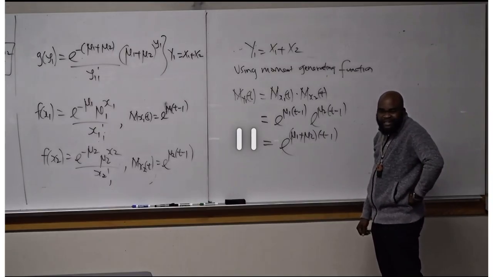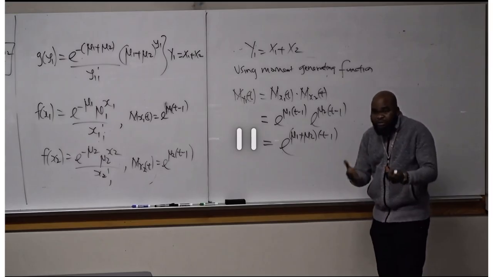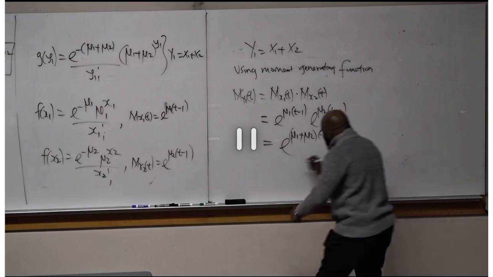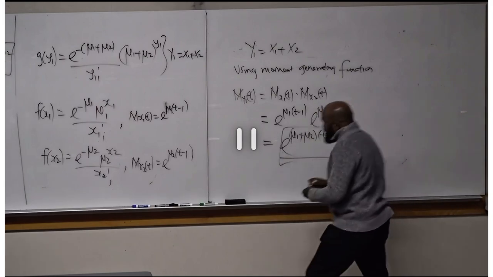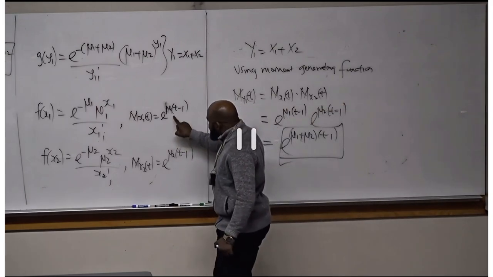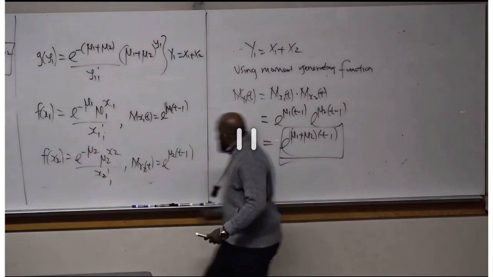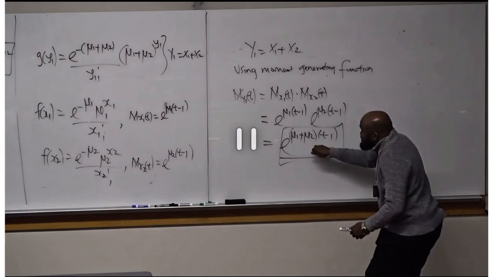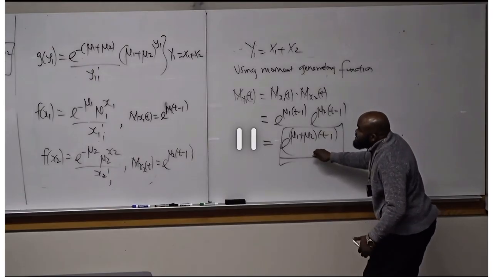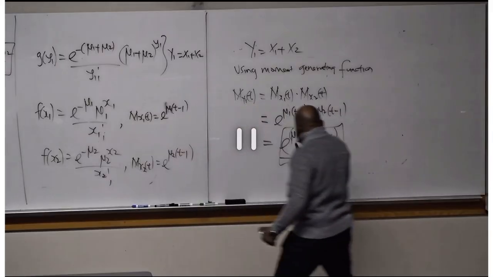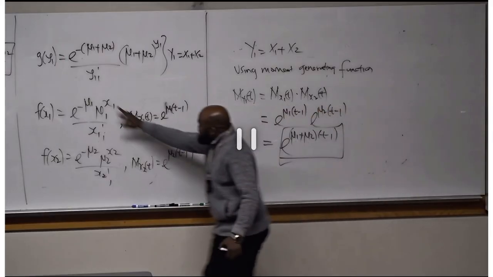Can you see that? So if I want to use the method of moment generating function, I'm going to go by this. And the moment I arrive at this, if this has this as the PMF and this has this as the PMF, then I will automatically say this guy has this as the PMF. How do I know? Because the mean is mu1 plus mu2, I'm only going to rewrite the distribution.